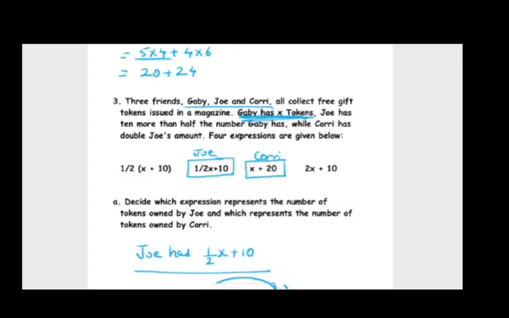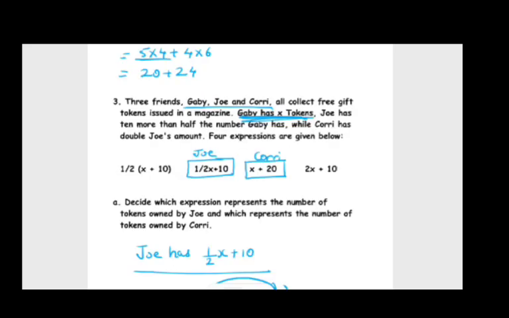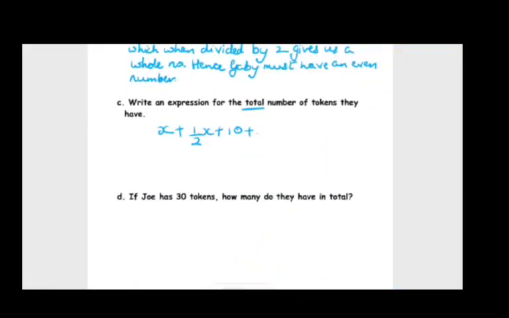Gabby has x. Joe has half x plus 10. Plus, what is Corey? Corey has x plus 20.